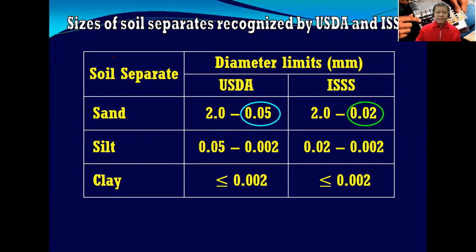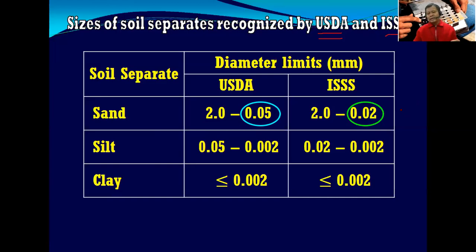So there are sizes of soil separates recognized by USDA. I said in our previous discussion that the Philippines has been following the United States Department of Agriculture in classifying soils. There is also the ISS, the International System of soil classification, although there are other classifications.